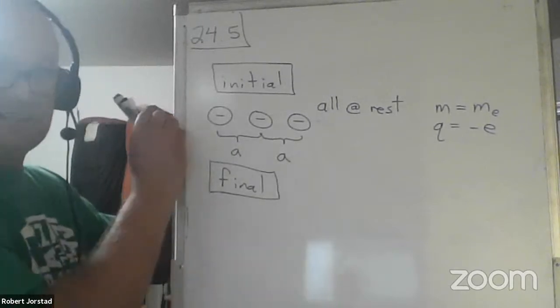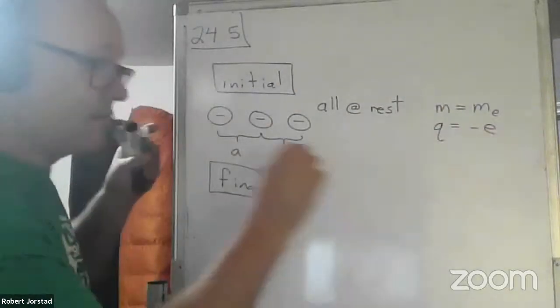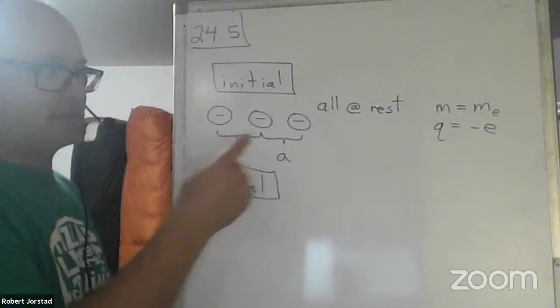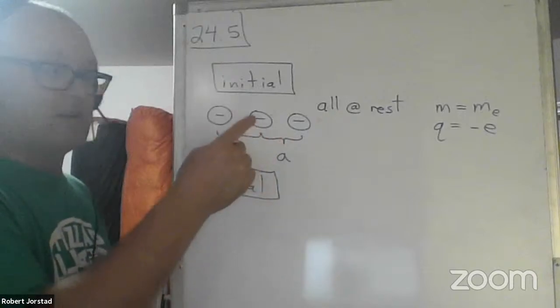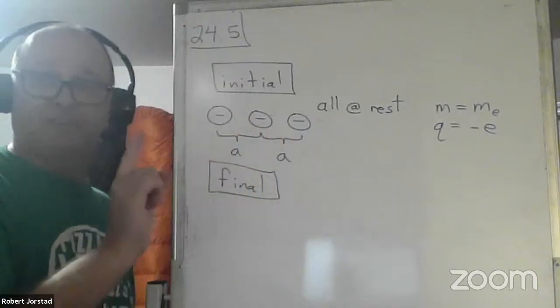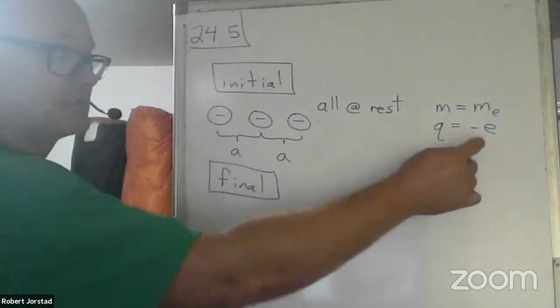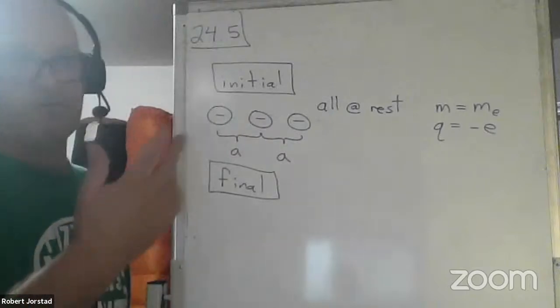It has the potential to shoot these things out, right? If it's going to cause these electrons to move away from each other, we would expect that this has a positive potential energy. Now we might be worried about this minus sign. So that's what we're looking at here.